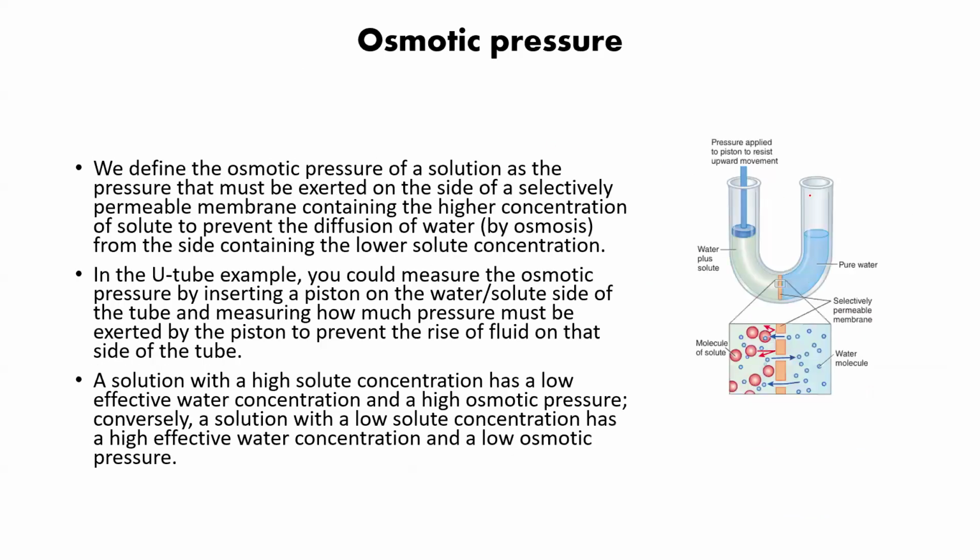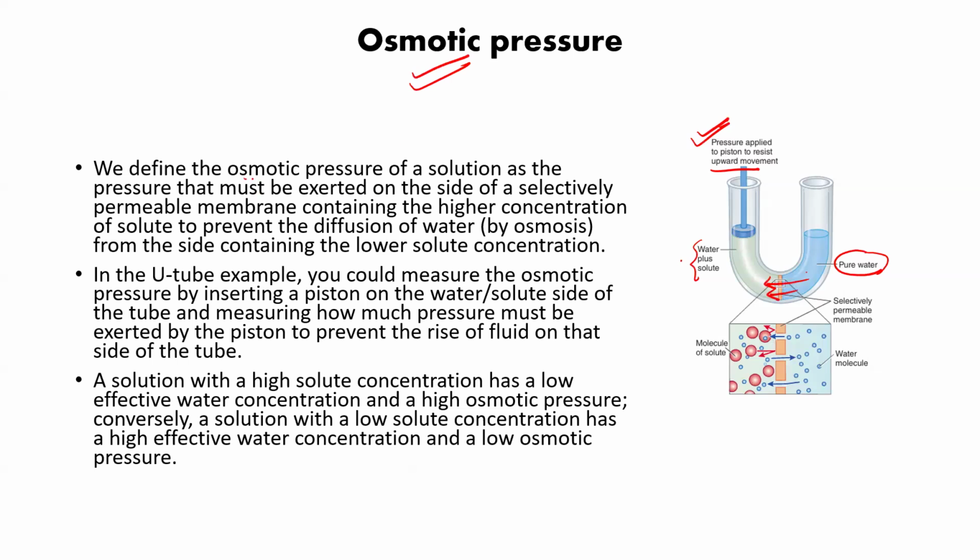Now see next. Suppose you just imagine this is pure water, and this is water plus solute. So obviously the net water movement will be in this direction. And you do not want the water level to rise, so you are applying a pressure to resist upward movement. The pressure which you have to apply to prevent the level from rising up is known as osmotic pressure.